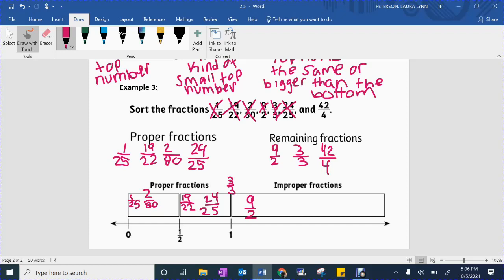And any improper fraction is always more than 1, except for this special case where it's 3 over 3, because that's 1 whole. So we need to just write 42 over 4 somewhere in our last box because it's improper and it's bigger than 1. And of course, cross it off your list. Good.